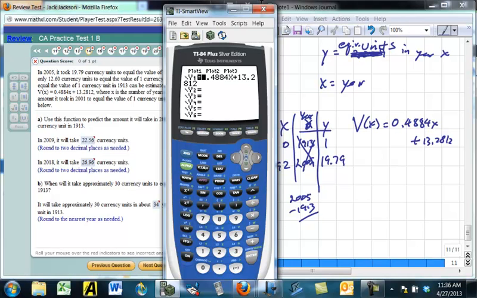I didn't get the answer they have. Do I have something typed in wrong? Okay, that looks right. So trace 96, 60.1.